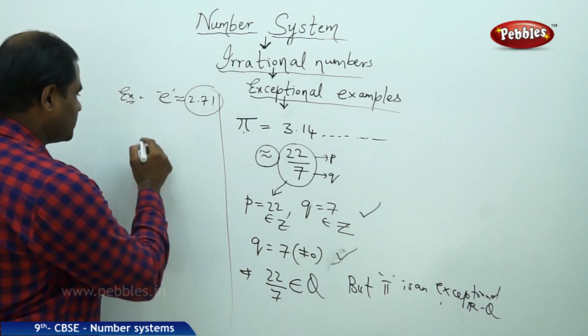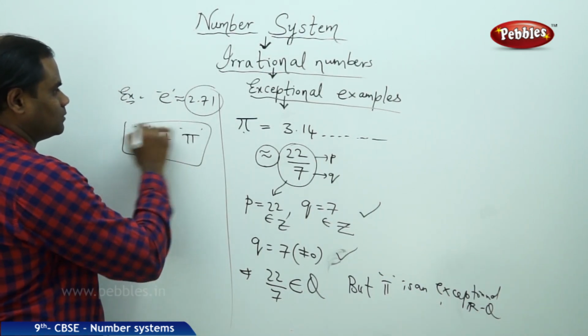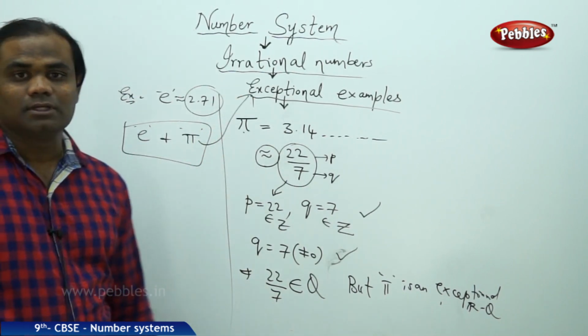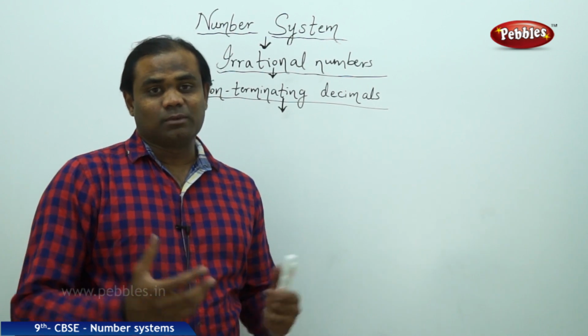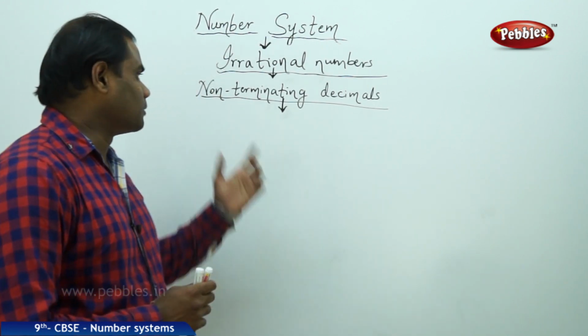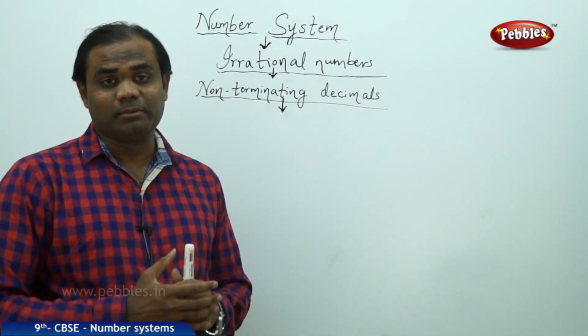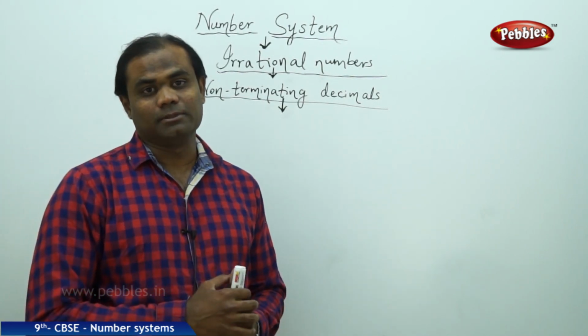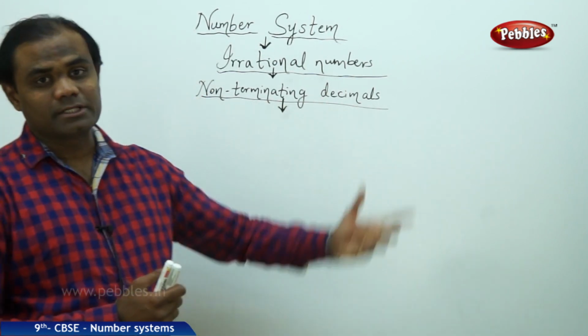So in the branch of mathematics, e and pi are exceptional irrational numbers, is how we identify them. Let's take one more example of an irrational number, which is very essential to understand the set of irrational numbers as compared to the rational numbers. Non-terminating decimals.